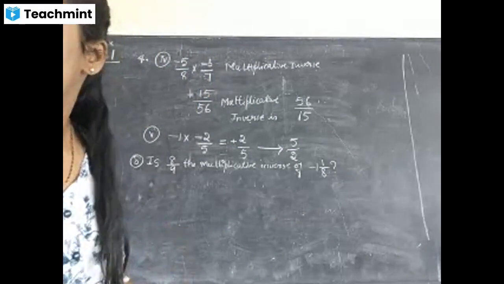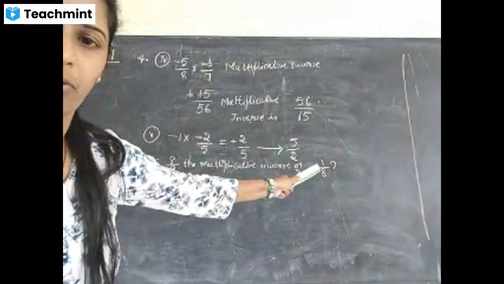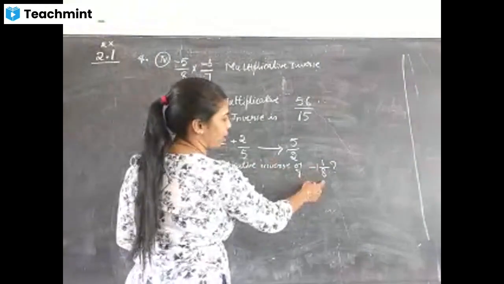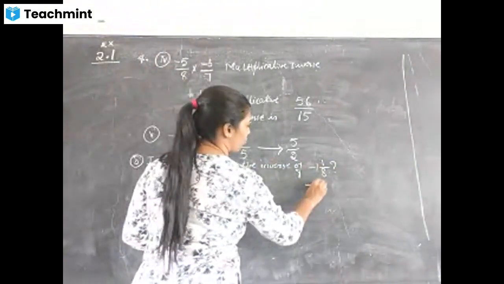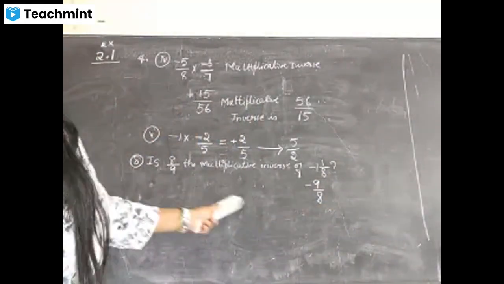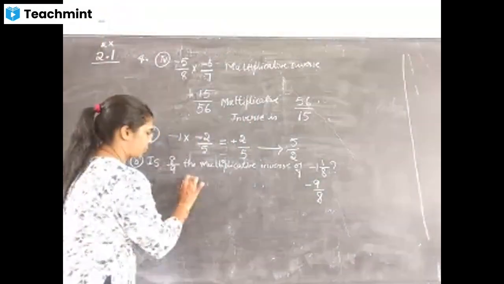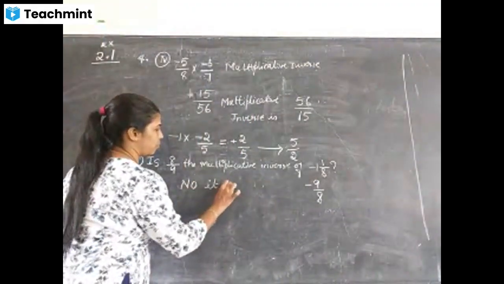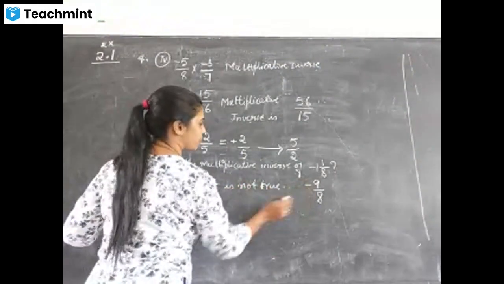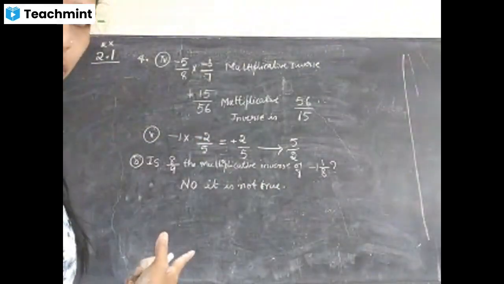In multiplicative inverse, the sign will not get changed, isn't it? So here plus, here minus cannot be possible. Also, 8 by 9 and 9 by 8 are there, but the sign is different, so it is wrong. No, it is not true.